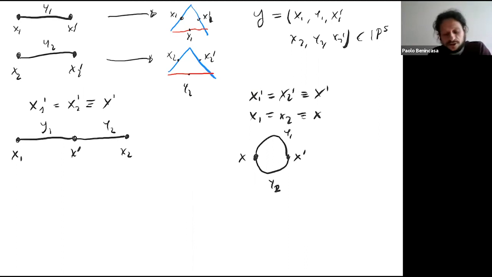Now, this also corresponds to doing something with this triangle. For example, if I ask the x1 prime, x2 prime to be the same point, I'm projecting on a subspace of one dimension less, where these two points are identified, which in other words means that I can imagine intersecting these two triangles in these vertices.